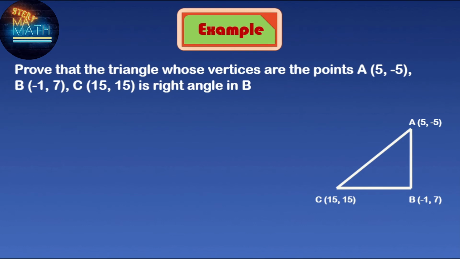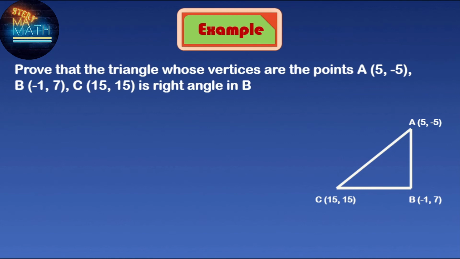By the way, you can prove that by getting the slope of AB and the slope of BC. And if their product is equal to negative 1, that means AB is perpendicular to BC, and that means B is a right angle. But now we will use the distance formula.